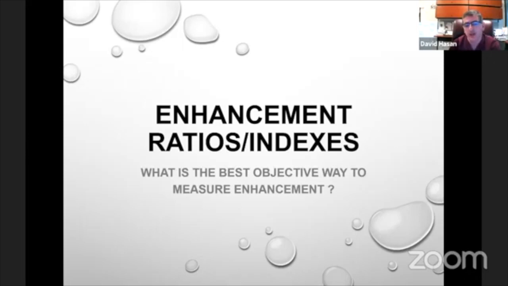So the next thing is, again, everybody started publishing on this topic. And what I consider enhancement, another person does not consider as enhancement. What I consider focal enhancement, someone would consider circumferential enhancement. So what we tried to do is objectify the measurement. So when I tell Raja in India that I have an aneurysm that enhances at 0.6, we immediately understand that, and it's objectified and can be reproduced.